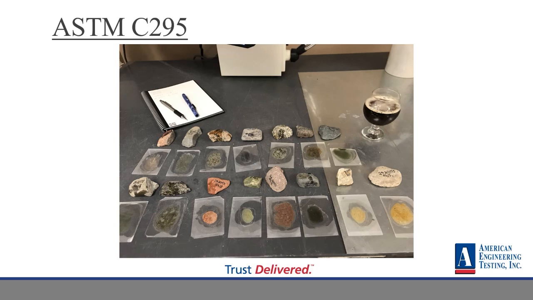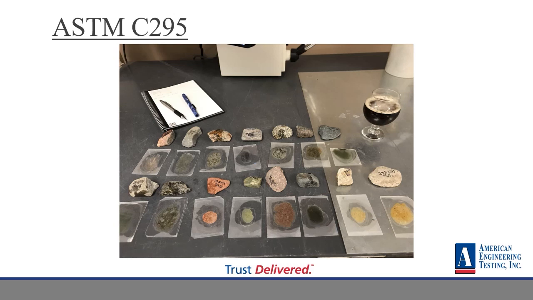Some people do it more frequently. I have a client that does it quarterly, and I'm not sure why they do it quarterly, but it could be because specifications call for it, or whoever they're selling their product to could require them to do it. A lot of times, though, it's once every 3 to 5 years for the most part.